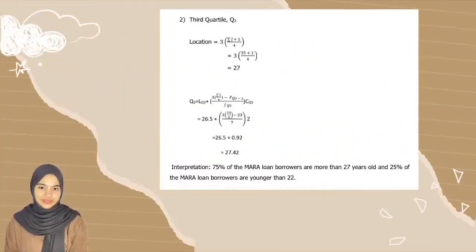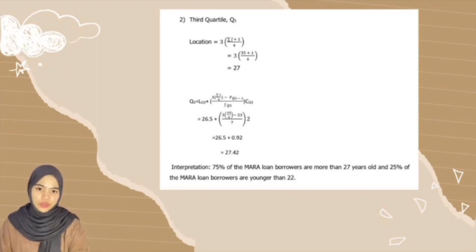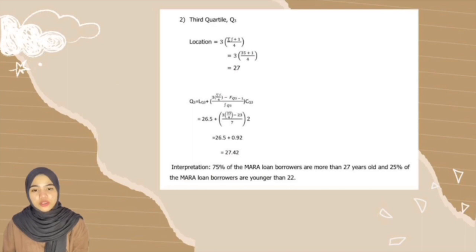For the third quartile, the formula is quite similar, but there is a big difference in it. So for the location, we will put 3 outside and times it with (n plus 1) over 4. And then we will put it into the formula, 3 times (35 plus 1) over 4, and then we will get the location 27.